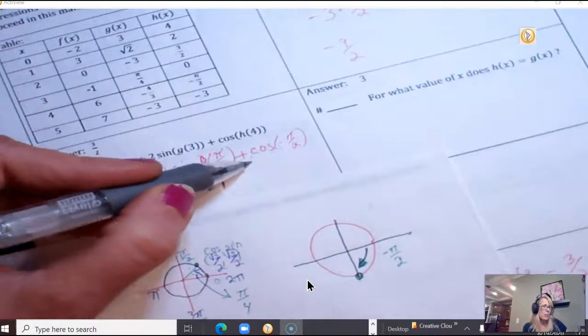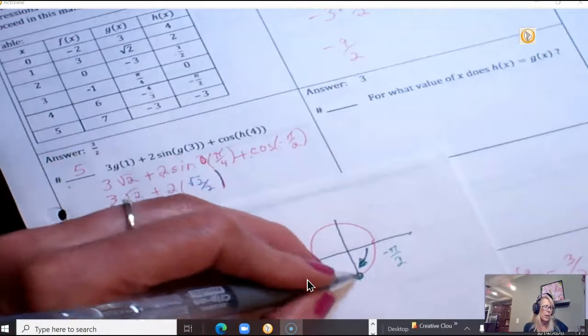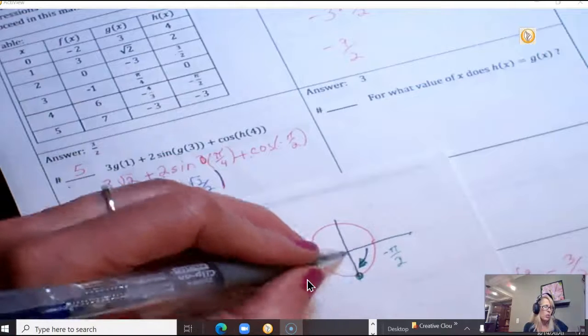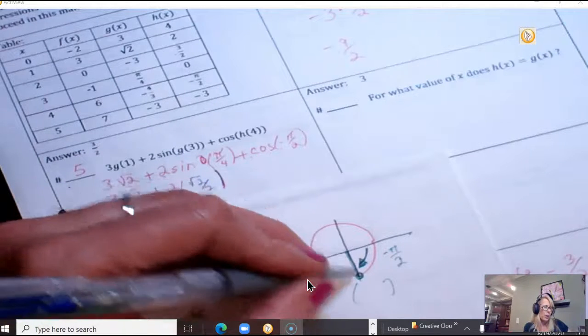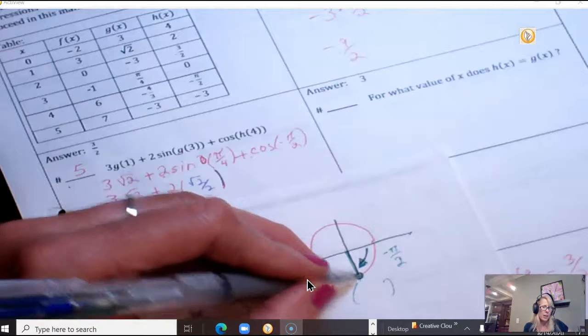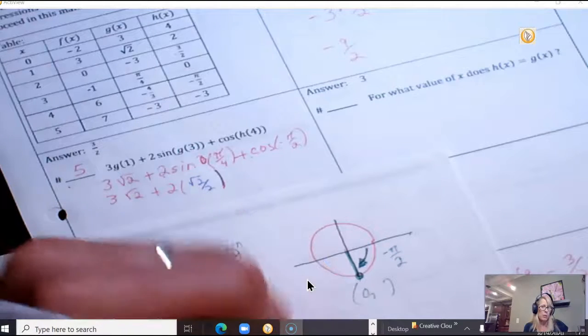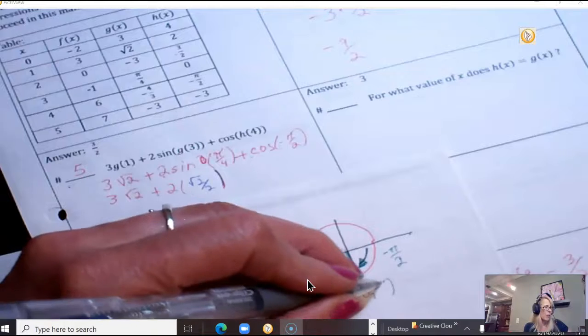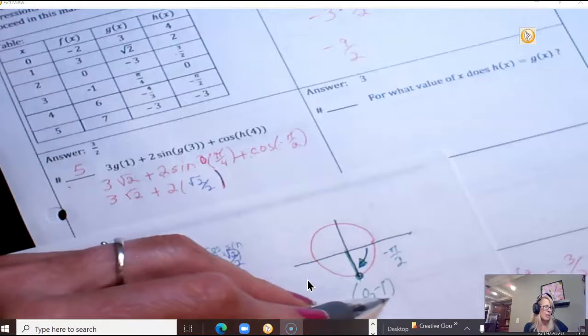Now it's asking for cosine of negative pi over 2, which means I'm looking for the x value. Now you should know unit circle means the radius of the circle is 1, and that coordinate would be 0 for the x, negative 1 for the y. Remember, cosine is the x, sine is your y.